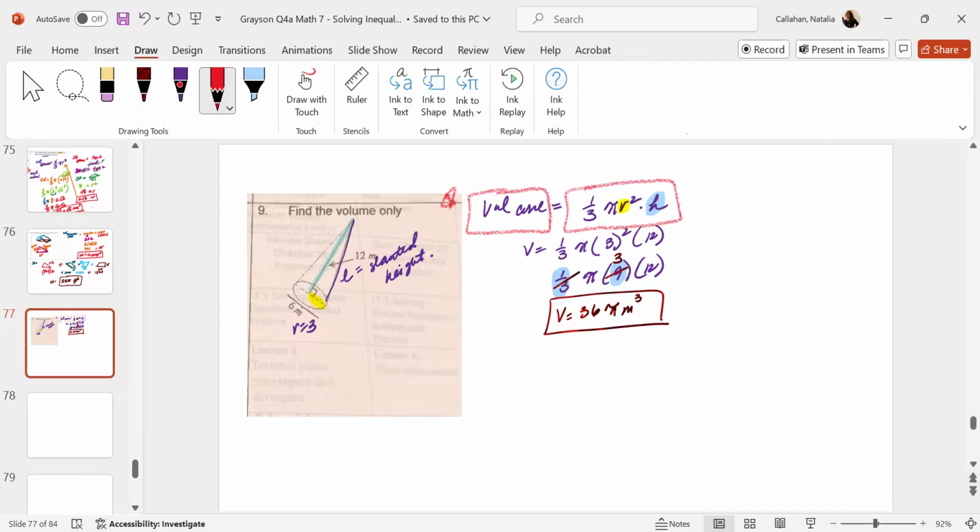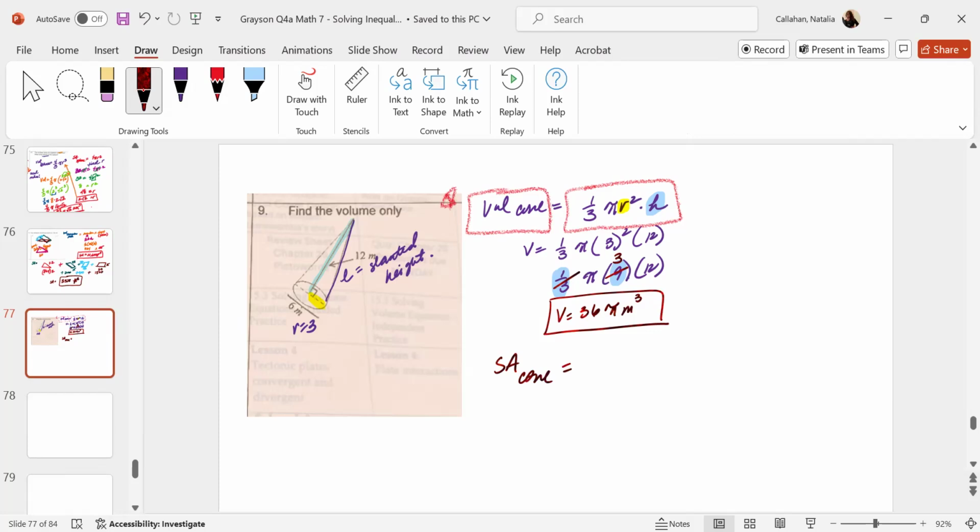All right, now let's find the surface area. What's the surface area formula of a cone? Go look. What is that? Okay.